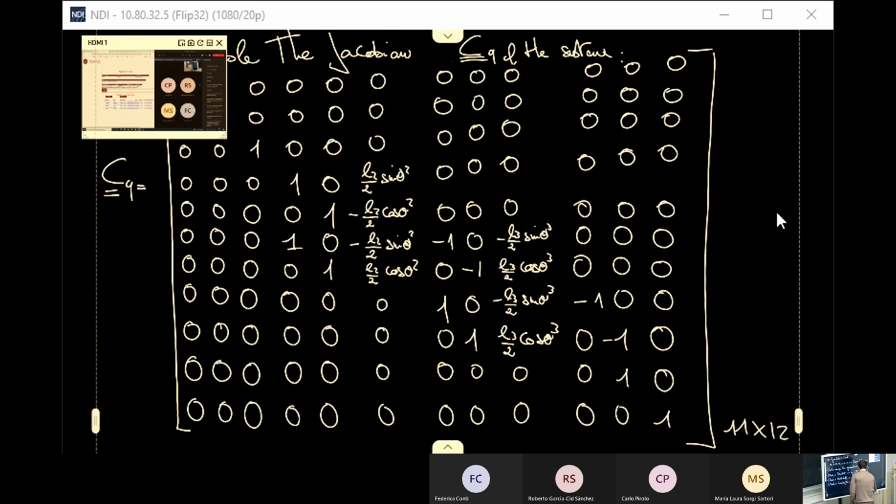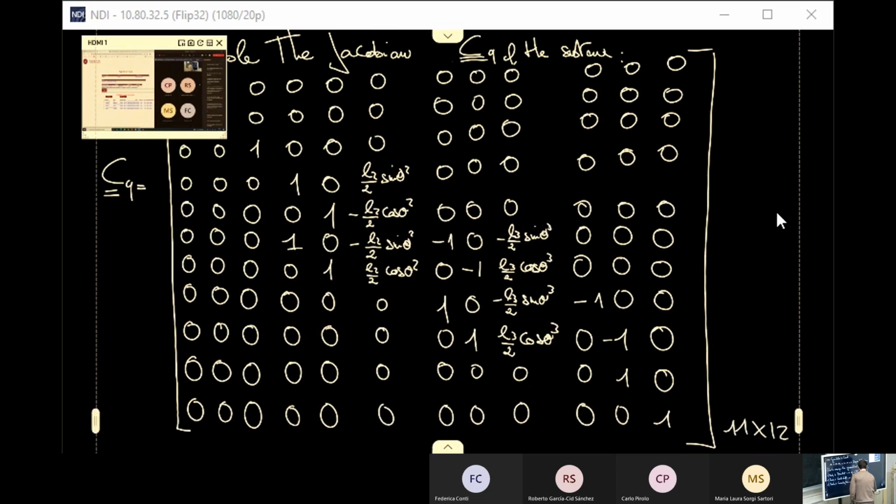So you can choose whichever you want among the 12 parameters to be the independent ones, and consequently the rest to be dependent. It's not prescribed a priori. You have 12 coordinates; one you choose, the other ones will follow. Which one you want to choose is up to you. And this choice must be done in a smart way, so that the formulation can be as easy as possible.